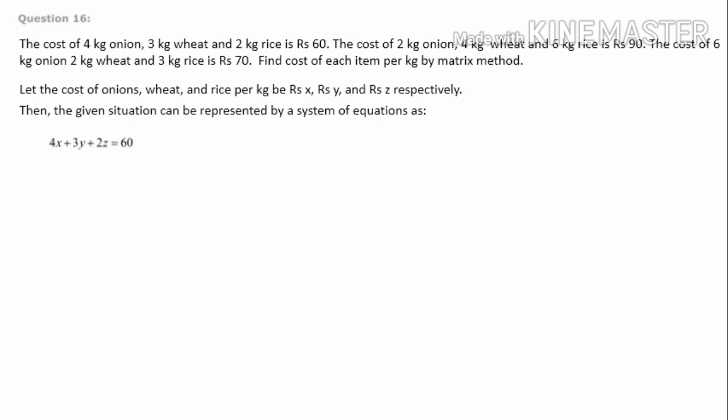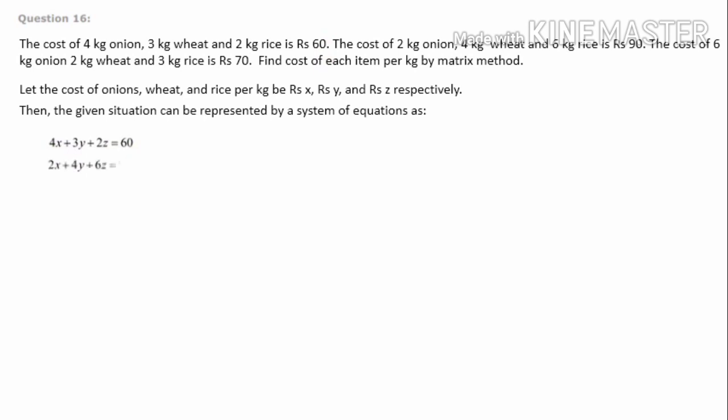The first equation is 4 kg onion. So onion per kg is rupees x, wheat per kg is rupees y, and rice is rupees z. So 4x + 3y + 2z = 60. That is the first equation.